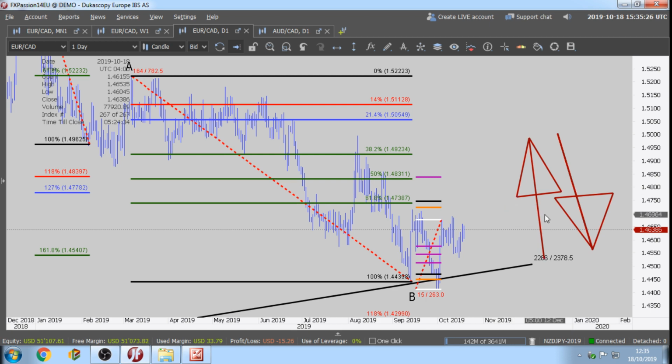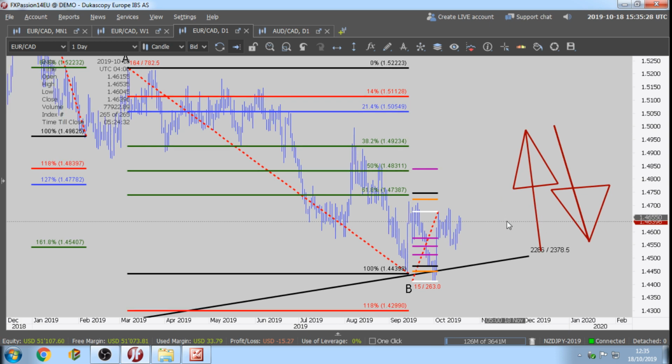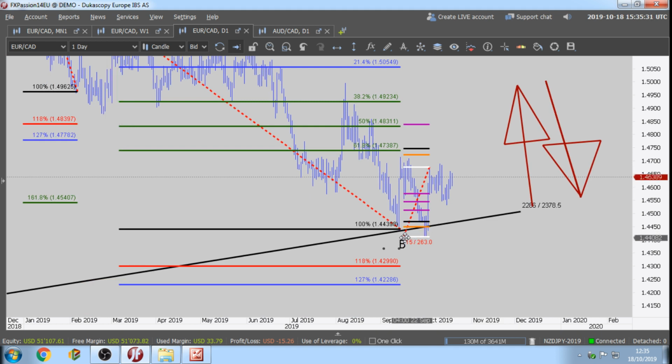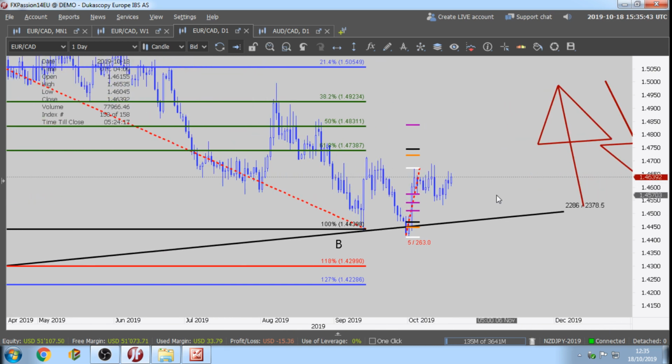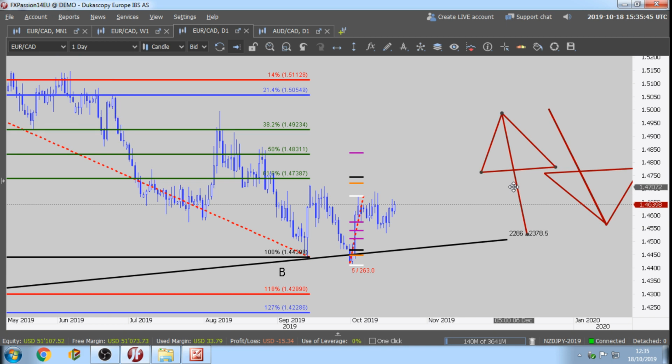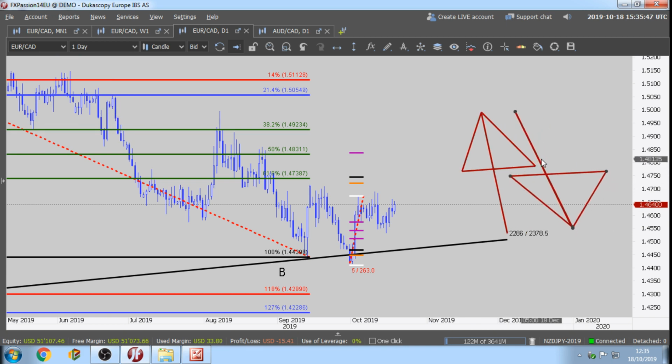Why is that? Oh, this is the B. Let me see. The Contrarian is here. A to B. It's just for you to see it, something like this. Right? So, from the daily chart, should we go long or should we go short?